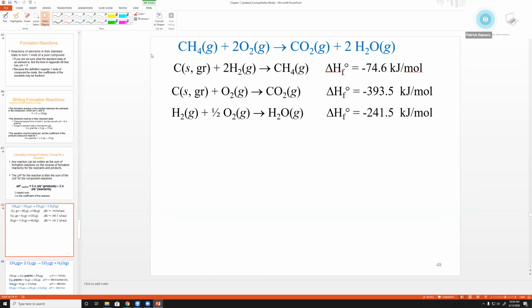Here's what we're going to do. The way you can do that, and each one has an enthalpy of formation, is you are adding, subtracting, multiplying, whatever you want to do to get the coefficients of the 3 equations to line up with the reactants and products of the main equation, and then add them all up at the end.